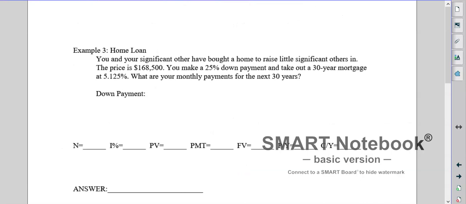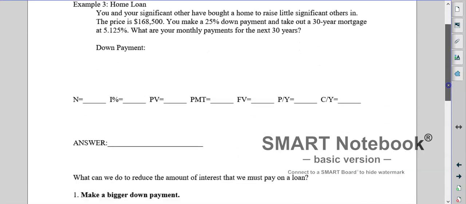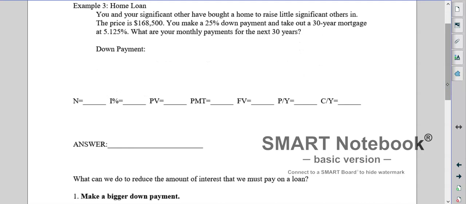Right. One more here. You and your significant other bought a home, blah, blah, blah. So the price is $168,500. You make a 25% down payment. So $168,500 times 0.25 is $42,125.